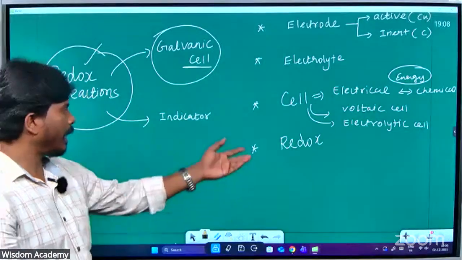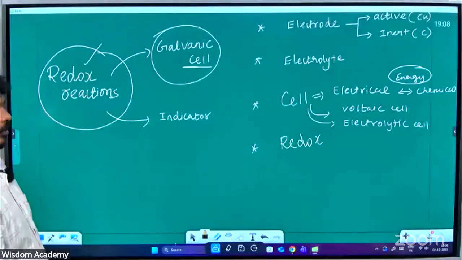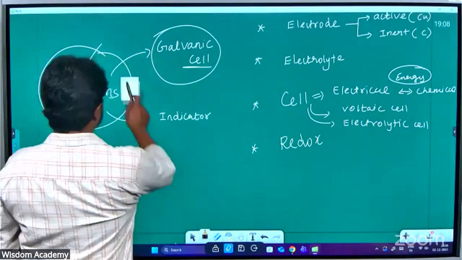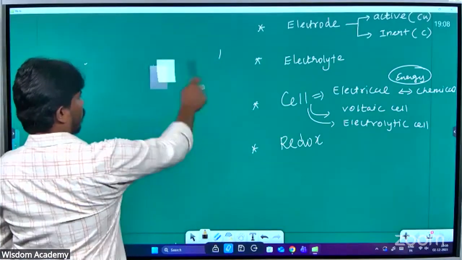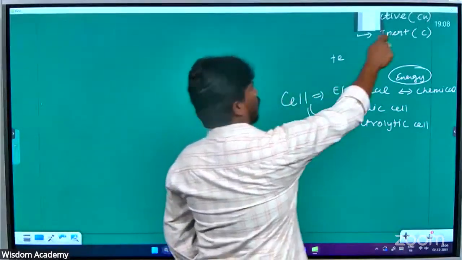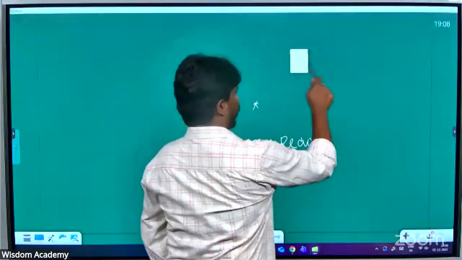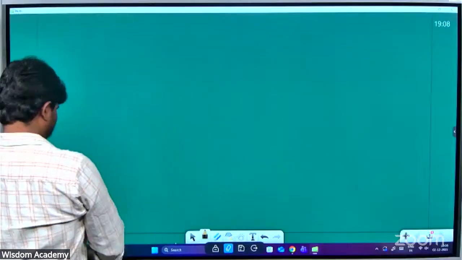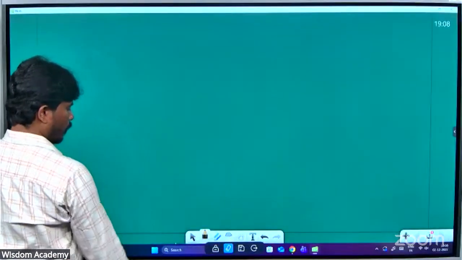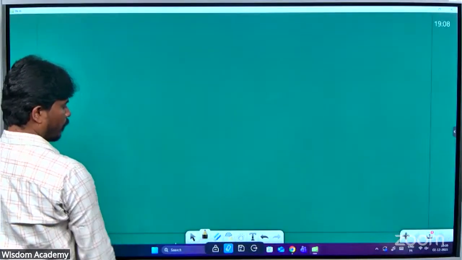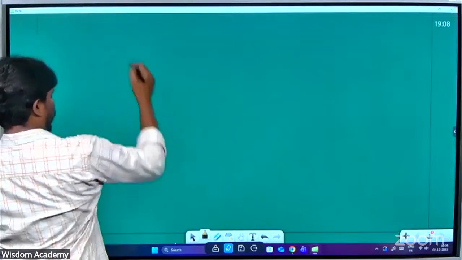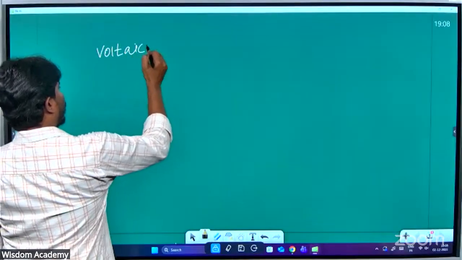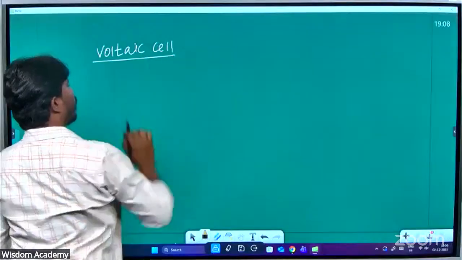So the electrolytic cell is used there. Now, voltaic cell or galvanic cell.